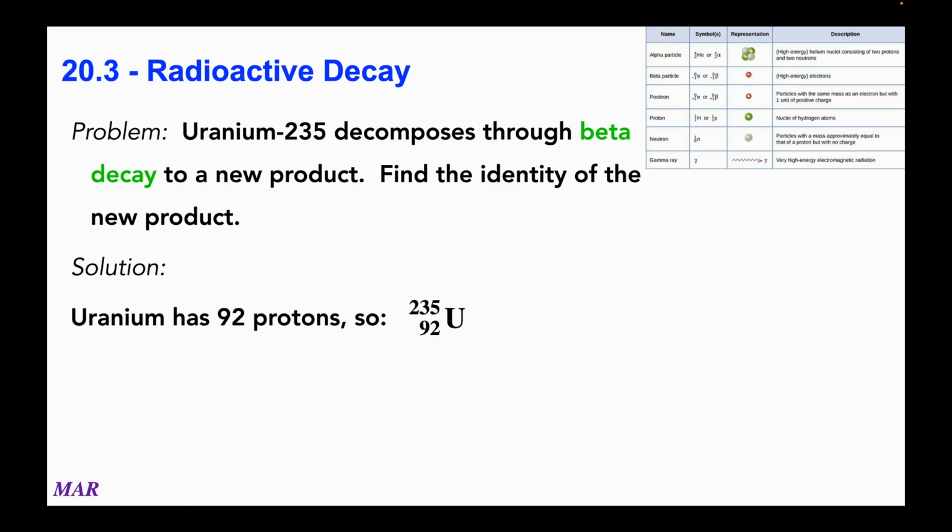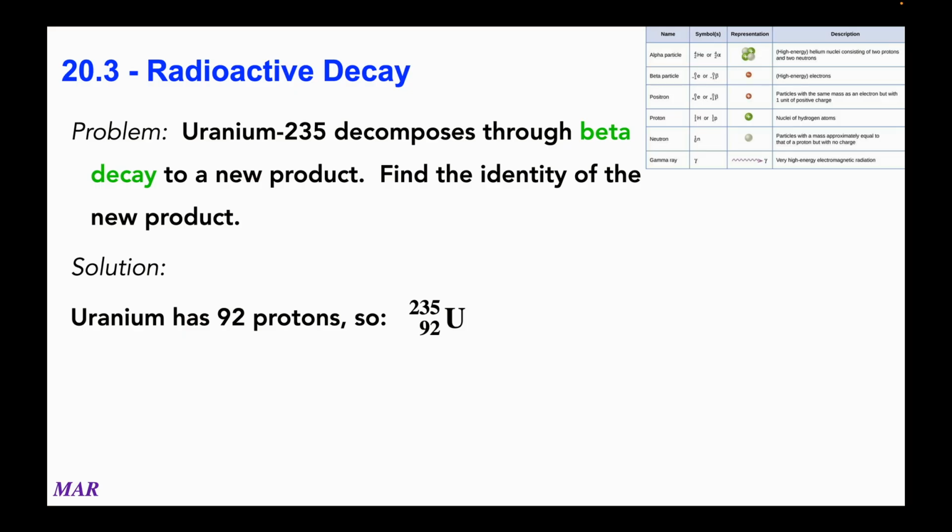So in a problem like this, what I would do is first of all figure out what uranium-235 looks like. The 235 is the mass number, goes in the upper left corner. And uranium on the periodic table is number 92, so that means the lower left number is 92. So you will need a periodic table next to you unless you have the periodic table memorized, which is awesome too.